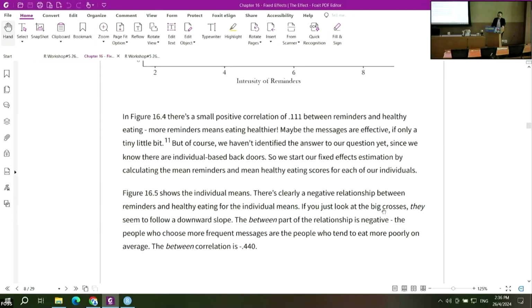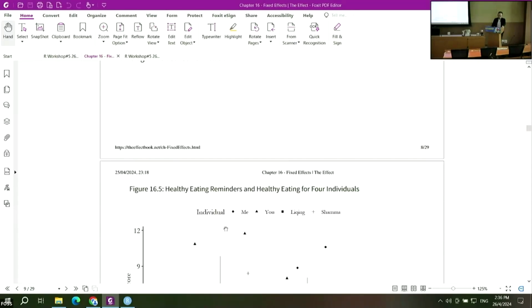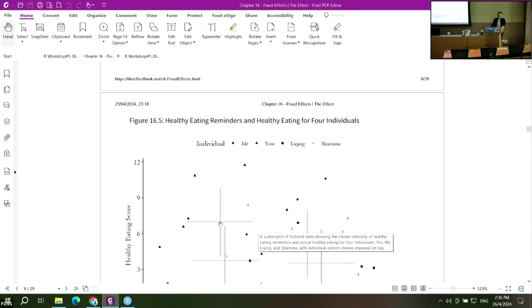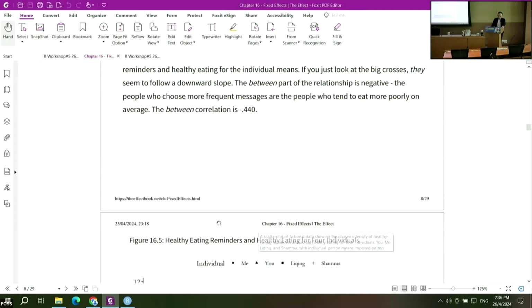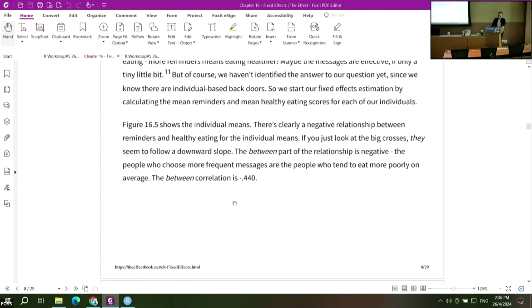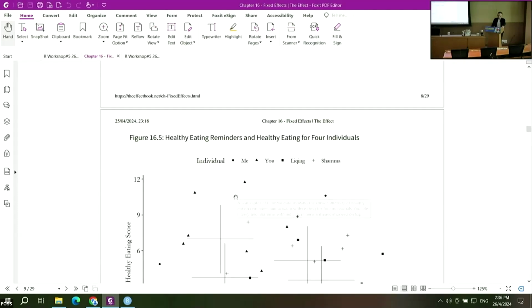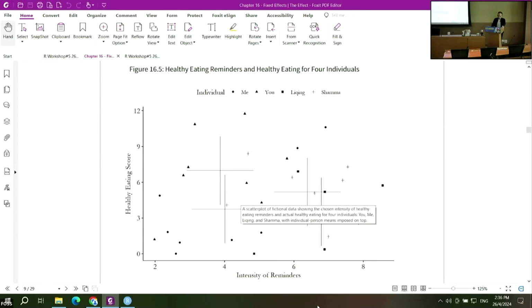They seem to follow a downward sloping curve, not a positive relation. The implication is that the between part of the relationship is actually negative. The people who choose more frequent messages tend to eat more poorly on average. So if you just look at their individual means, this is a negative relationship.